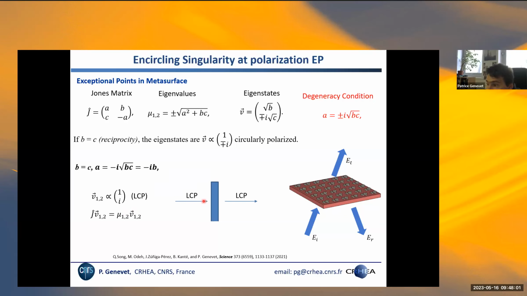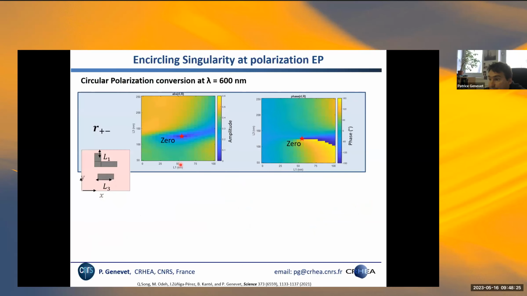When I send left polarization, because of degeneracy, I get only left transmitted or reflected polarization, which means there is no polarization conversion, right? So you are creating a zero in the polarization conversion. But if you send right, because it's not an eigenstate, you can have both states.